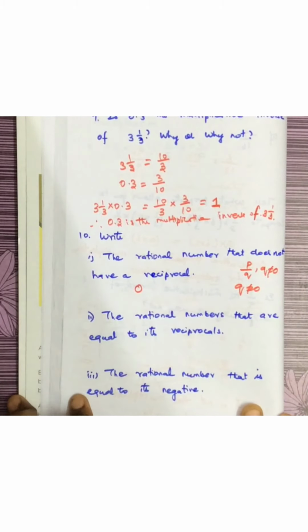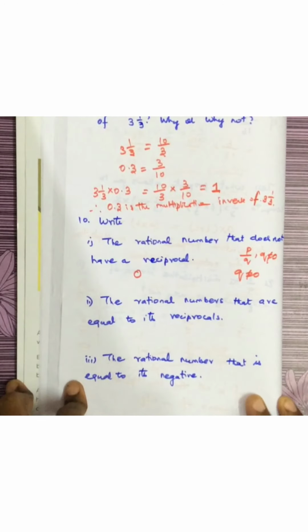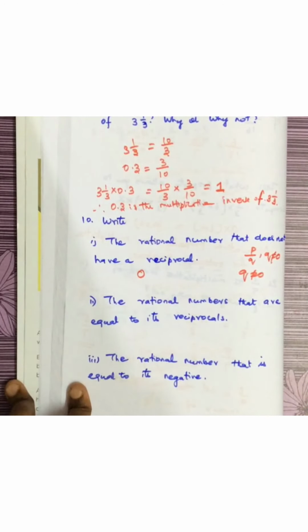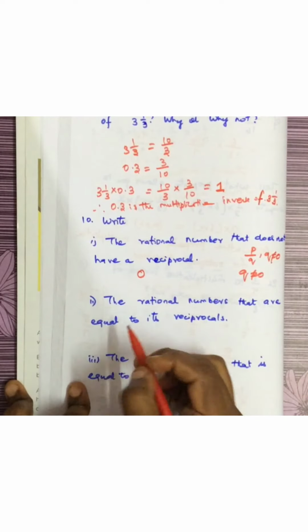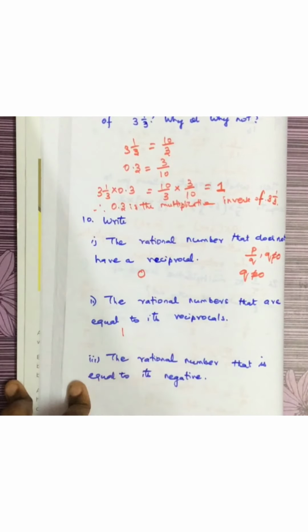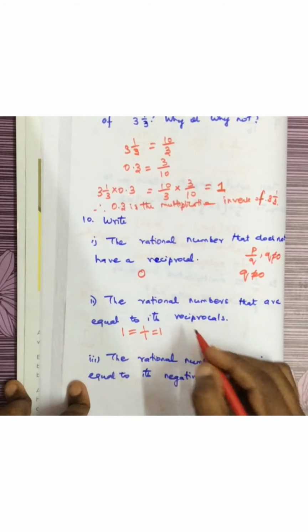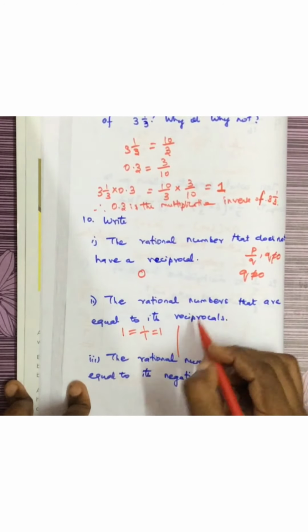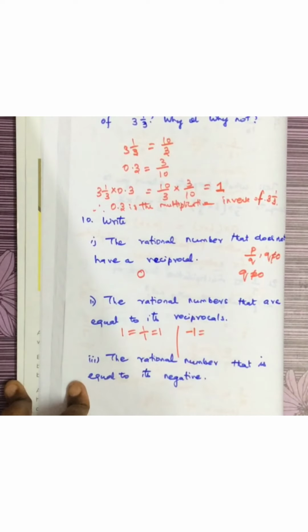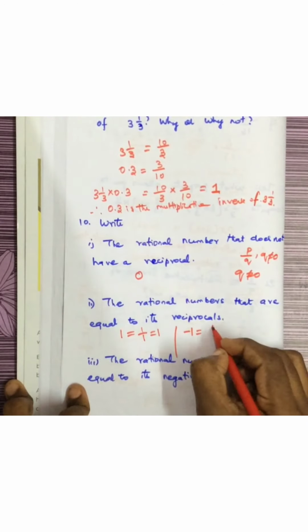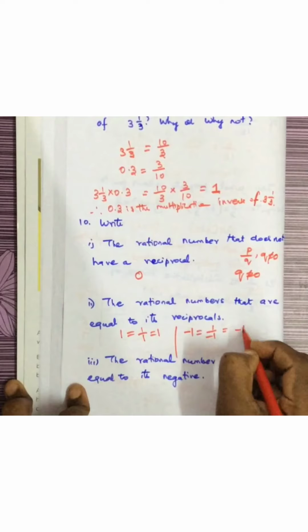Okay. The next is the rational numbers that are equal to their reciprocals. So number and its reciprocal both should be the same. What is that? First thing is 1. The reciprocal of 1 is 1 by 1, that is also equal to 1. The next thing is minus 1. The reciprocal of minus 1 is 1 divided by minus 1, that is also equal to minus 1.